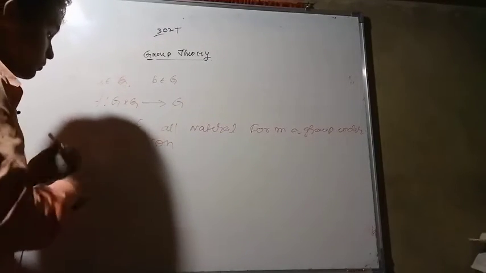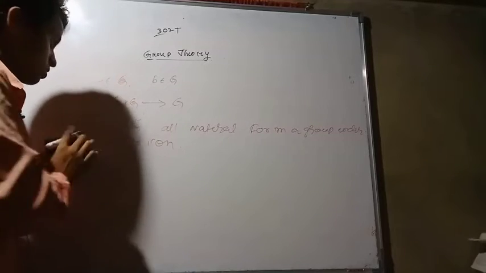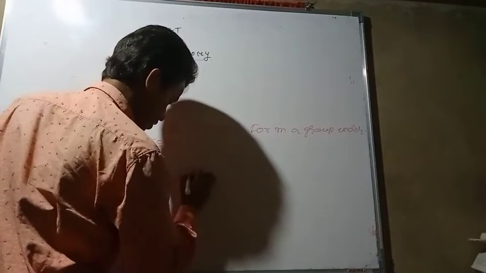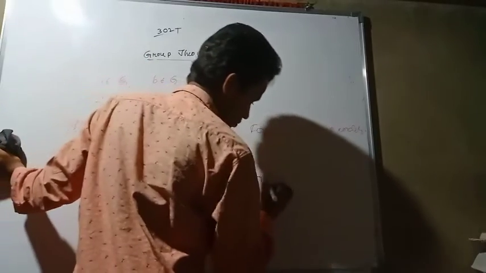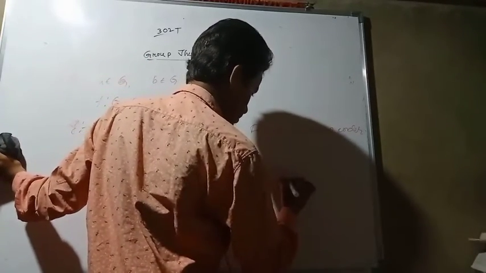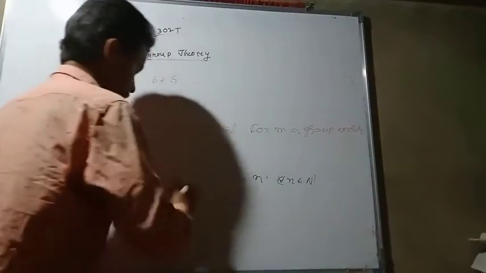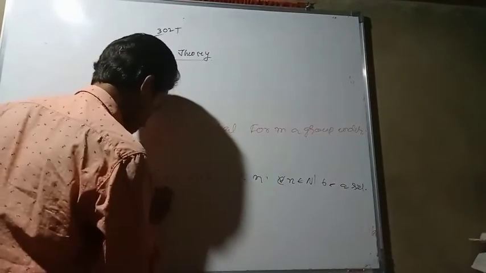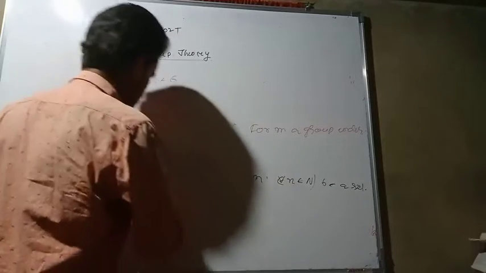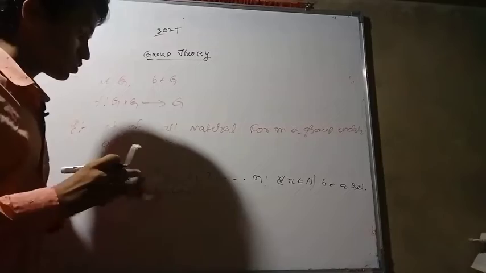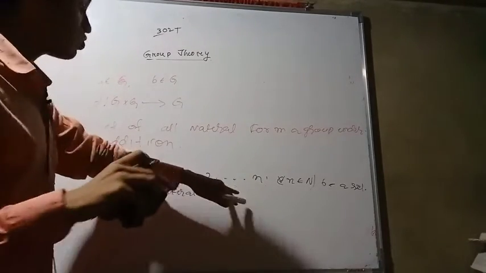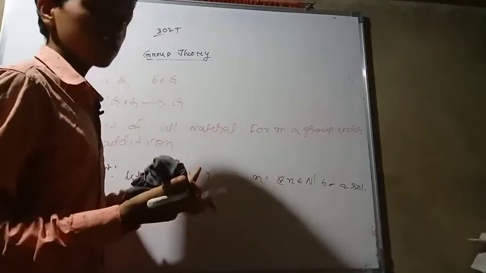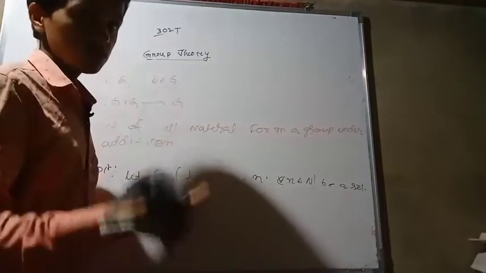So first of all, I define a set S equal to 1, 2, 3, ..., n, for all n belonging to N, a set of all natural numbers. Now, under addition, we have not chosen 1, 2, 3; rather we take a random element, then we have to show that the conditions I have written are followed, and then we can say this is a group.